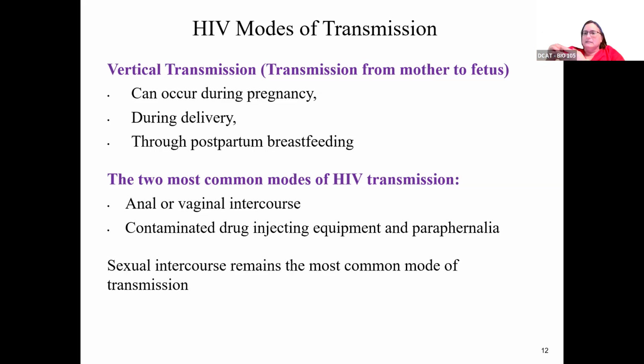So anything like that. It's not just about using the syringe or using the needle. It's anything that they're using to mix that medication. It's not medication, I'm sorry, to mix that drug, to draw up that drug, to cook that drug. Okay. So sexual intercourse remains the most common mode of transmission.